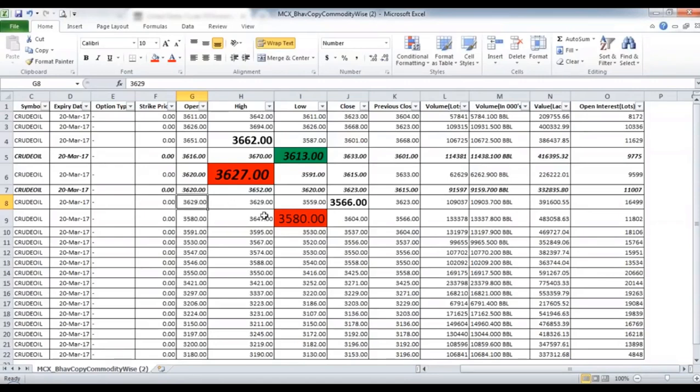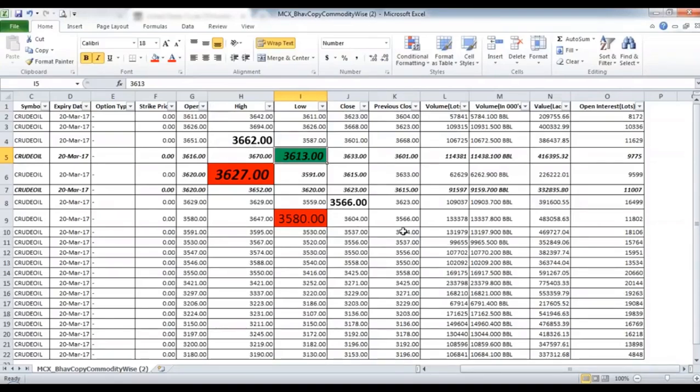It is opening above, correct? It is opening above this level, this level. It is breaking it down on the downside miserably. It is falling. So what is it telling you? Is it not even a bearish engulfing also, right? So it is completely falling like this.